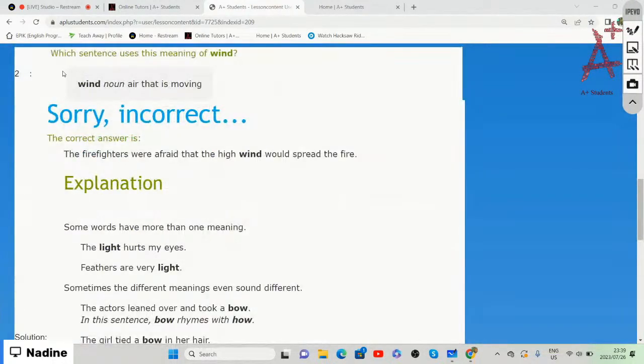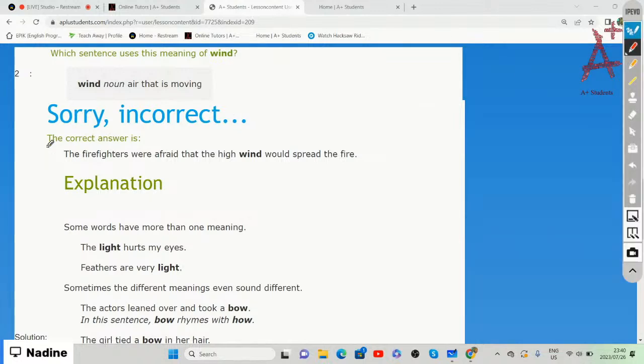All right. Which sentence uses this meaning of wind, right? So wind is a noun and it shows the air that is moving. If we look at the sentence that is given, the firefighters were afraid that the high wind would spread the fire.